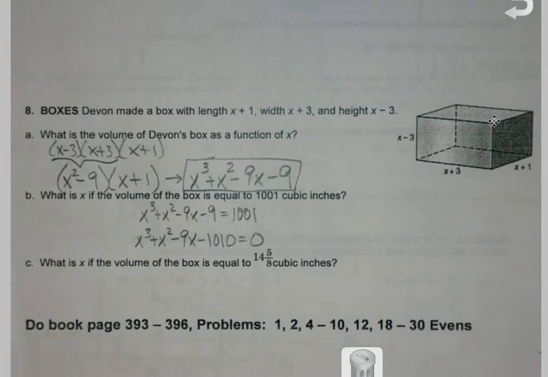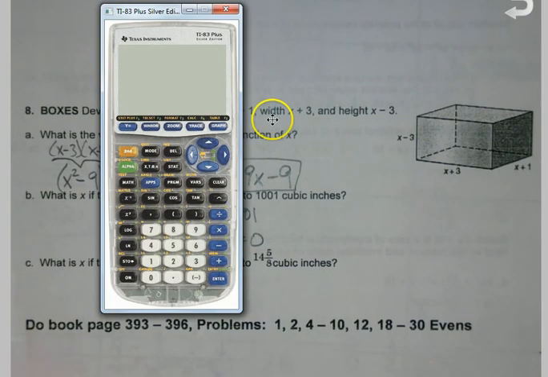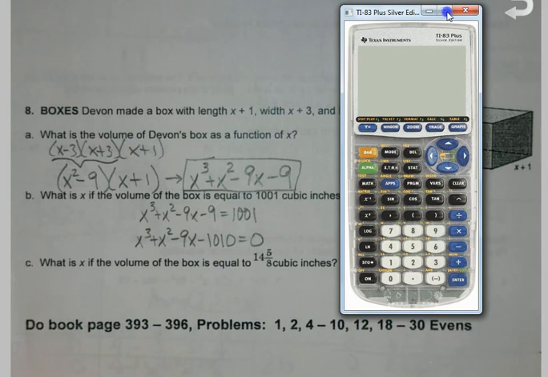And then hopefully when I go to the calculator, I'm not going to have to sit and figure out all the common factors of 1,010. Holy cow. I'd only have to give you one problem for homework and that'd even be too much.